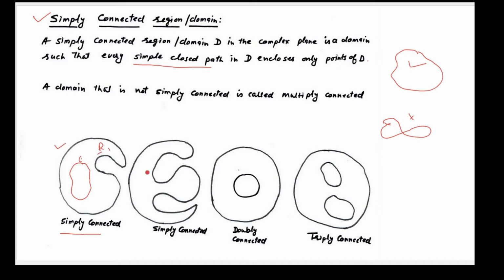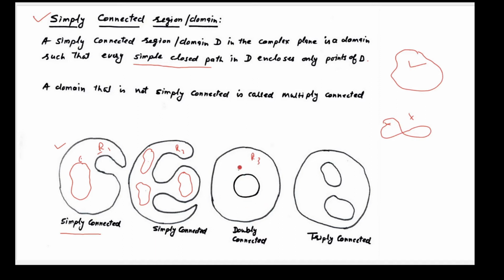Again, here if we draw a number of closed contours, then the points within these closed contours are also part of the region R2. Then this R2 region is called a simply connected region. Suppose this region is R3. R3 is this annular region.